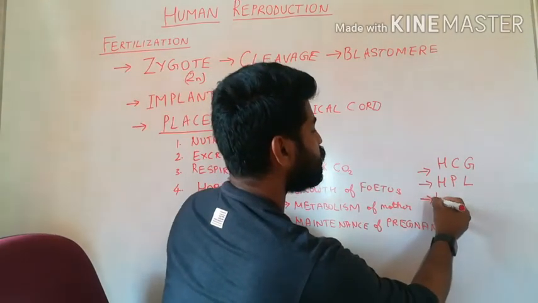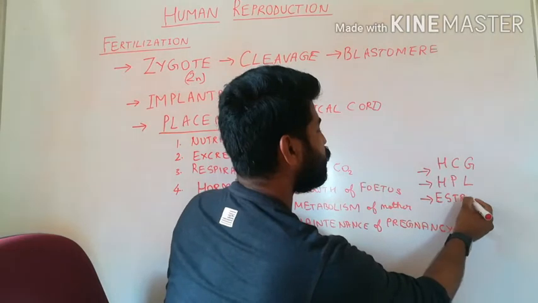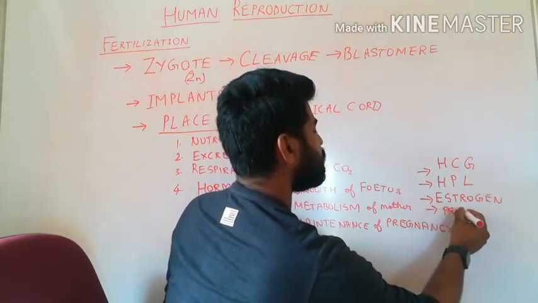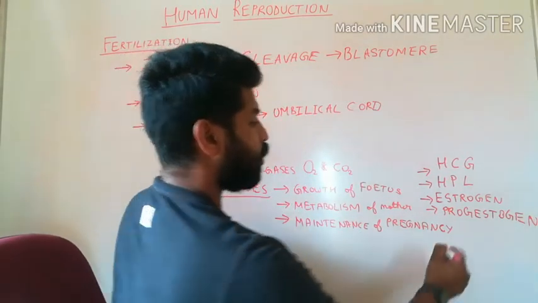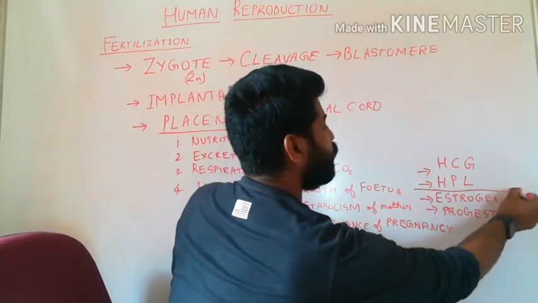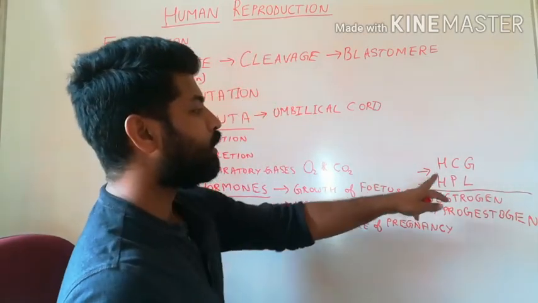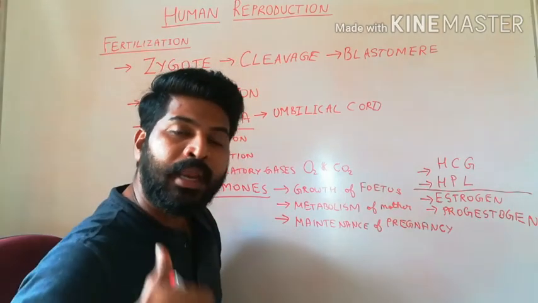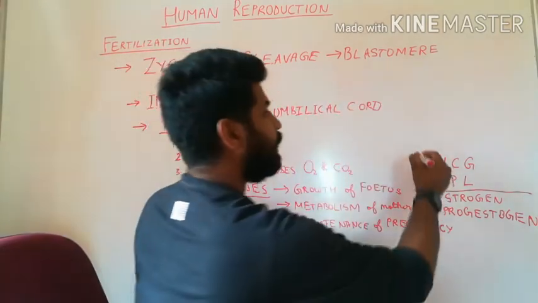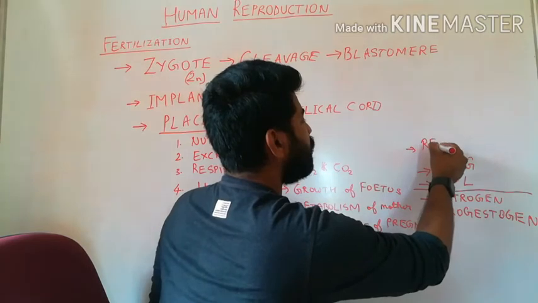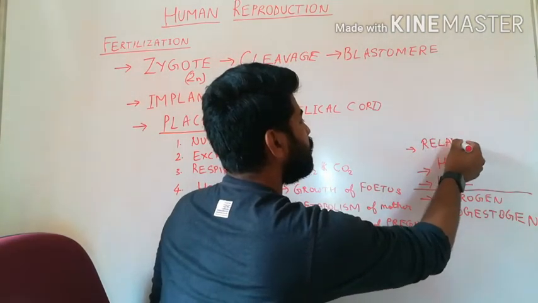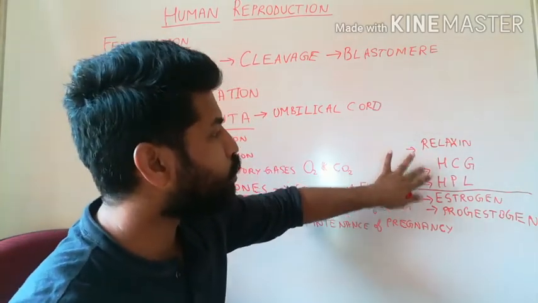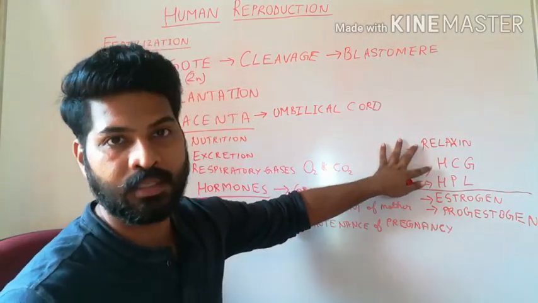Along with it, it also produces estrogens and progestogens. Among these hormones, the human chorionic gonadotropin, the human placental lactogen, and during the later stages of pregnancy, another hormone called relaxin is produced. These three are produced only during pregnancy.